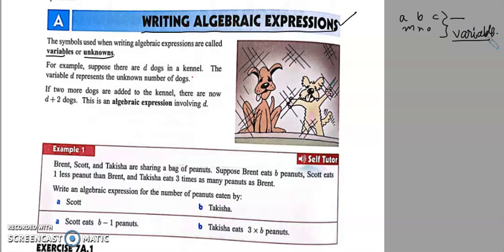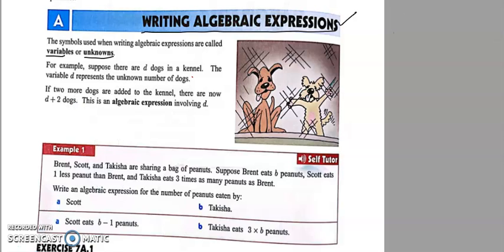Why variables? Because their values are not fixed. That is why they are called variables, and that is why they are unknown. Kind of, they don't have a fixed value. That is why they are called unknowns also.